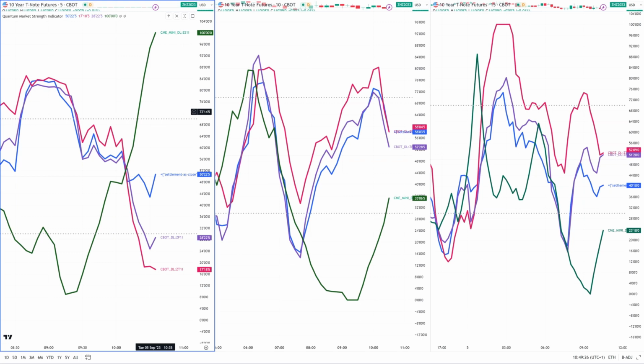So what we are seeing here is really a very classical relationship where we have an index which represents equities and risk on, if you like, and we have bonds going in the other direction representing risk off.